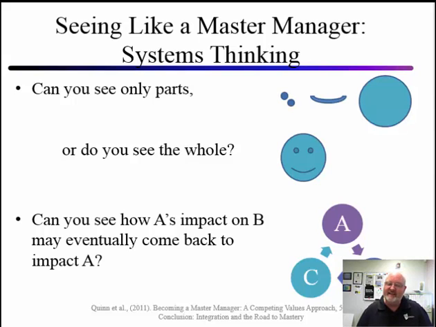So what you need to understand with systems thinking is how your decision is likely to impact on others, and particularly how it might impact on not only the person who is originally involved in the decision, but others in the organisation.